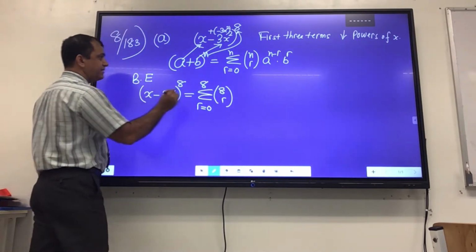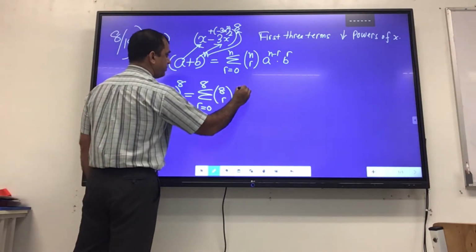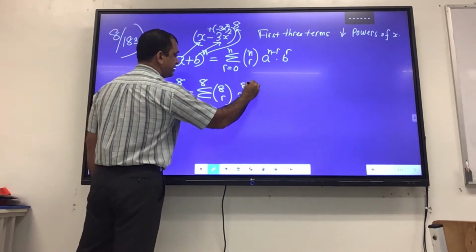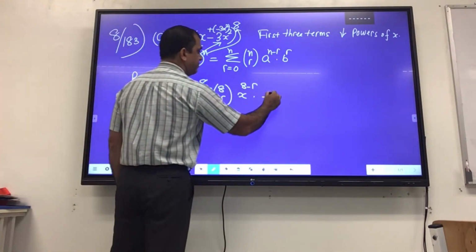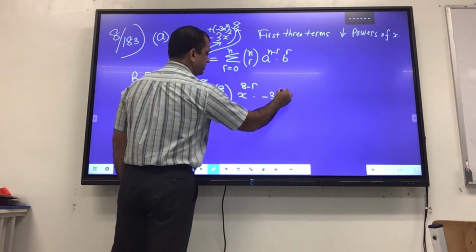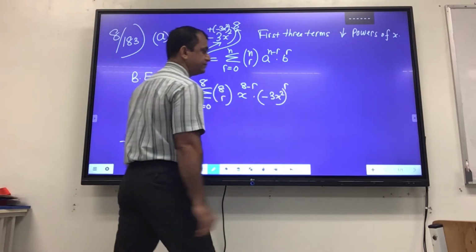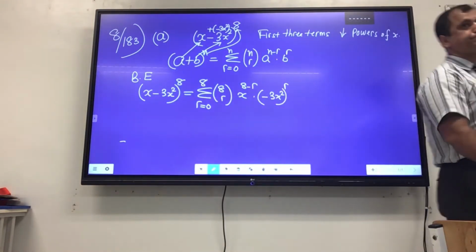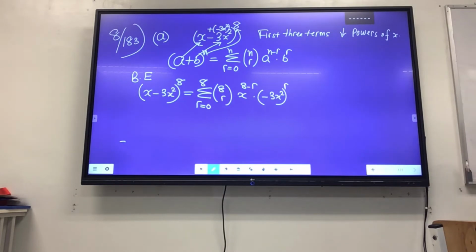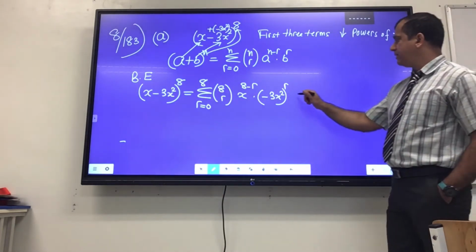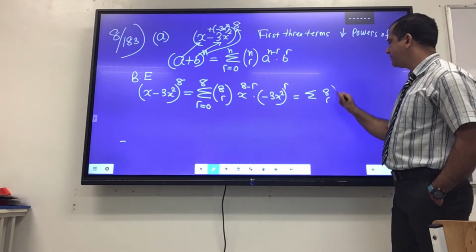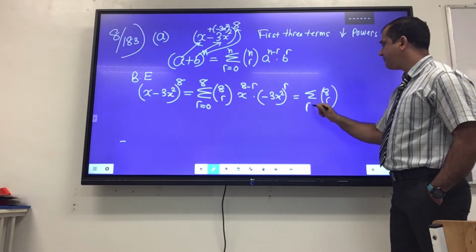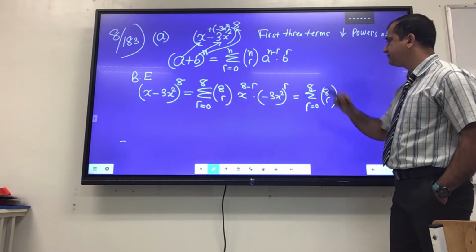A is x, so x power 8 minus r, into b, b is minus 3x squared power r. Clear? A little bit of adjustment now. This will be sigma 8Cr, r from 0 to 8.